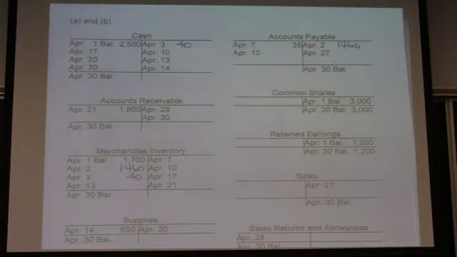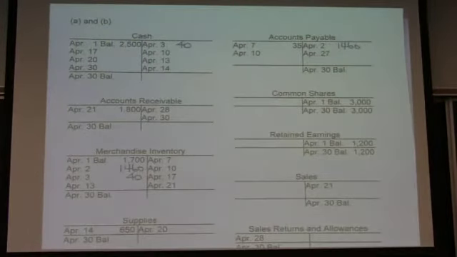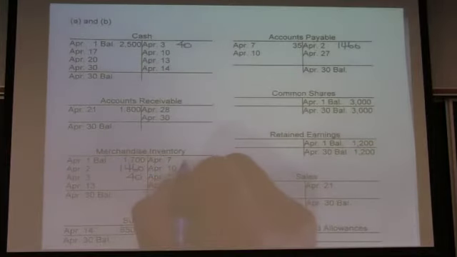All of those are separately tracked. Looking at April 7th, remember what happened on April 7th? We received a credit for $35 for some sort of damaged goods. So what's the entry on that one? We're going to debit accounts payable, $35. I've already got that there. And we need to credit inventory for $35 on April 7th.